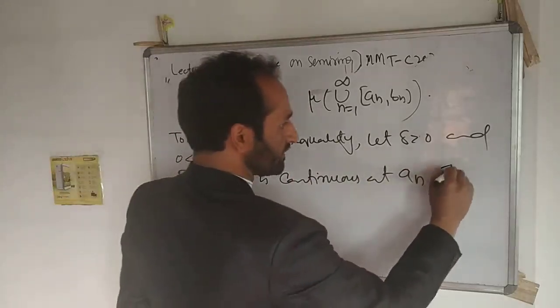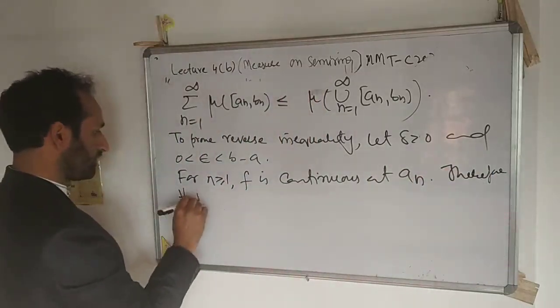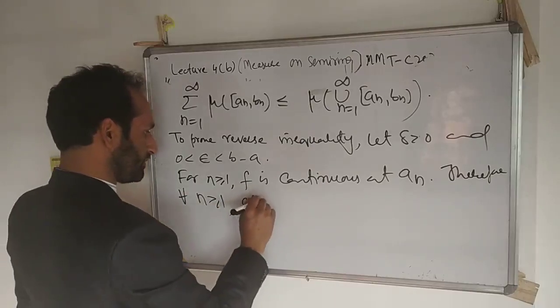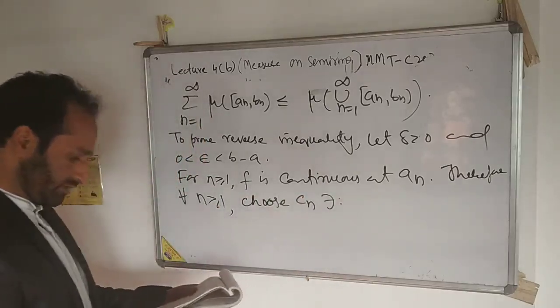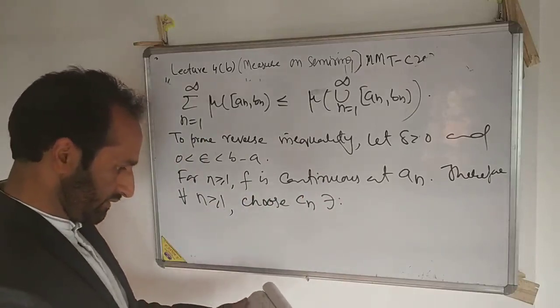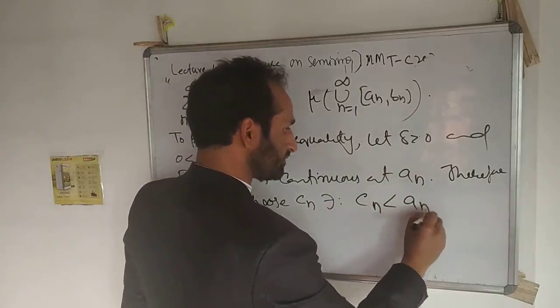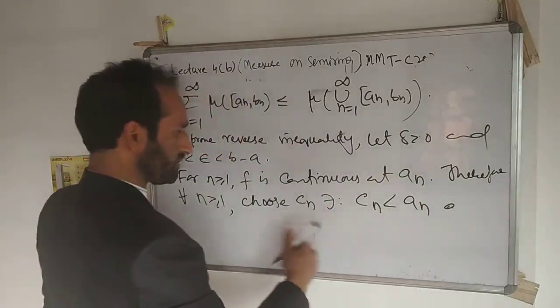Therefore for all n greater or equal to 1, we can choose c_n such that c_n is less than a_n, very close to a_n.